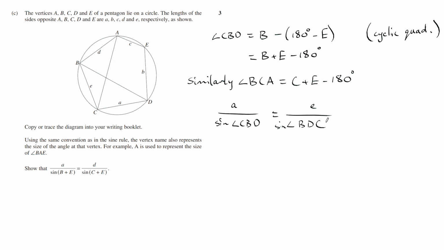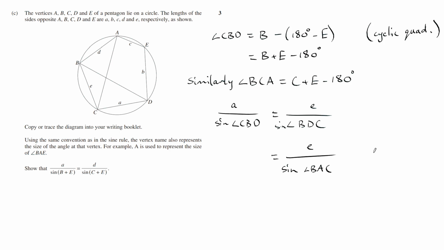Now, how is that going to relate to the sine rule in this triangle? Well, in this one, we would have E on sine angle BAC. Now, BAC is actually equal to BDC because they're standing on that same arc, BC. Like that angle and that angle are going to be equal. So BDC is the same as BAC.